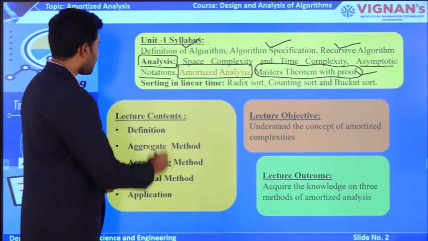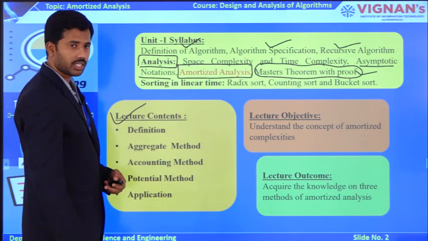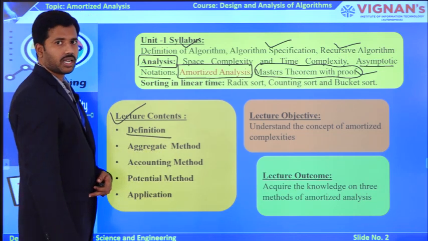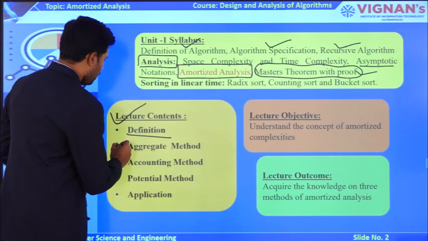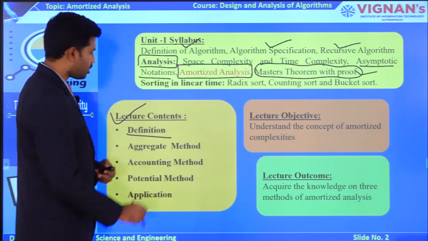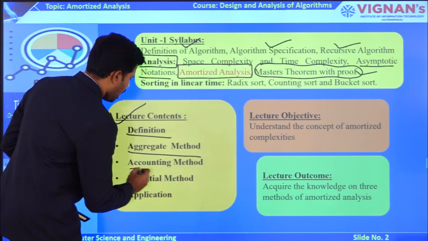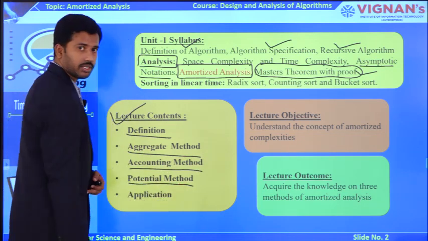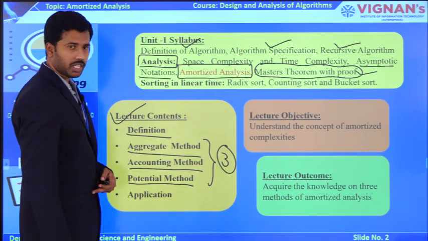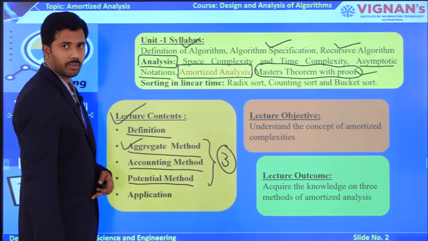The main contents we are going to discuss in this lecture are the definition of amortized analysis, followed by the methods involved to apply it: the aggregate method, accounting method and potential method. So a total of 3 methods. Among these 3 methods, the aggregate method is very important.